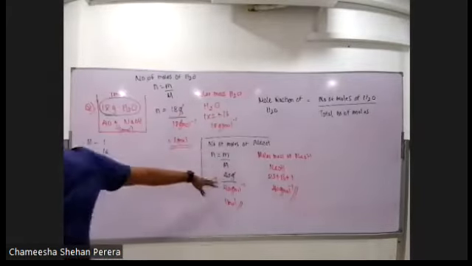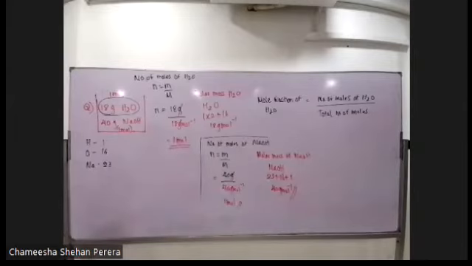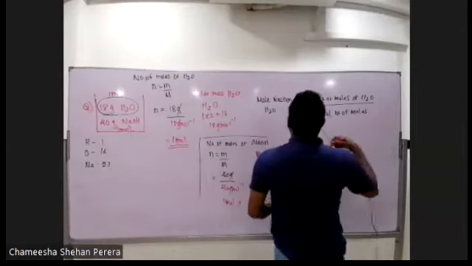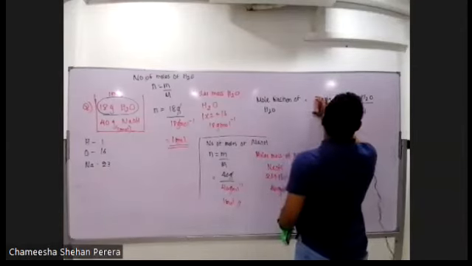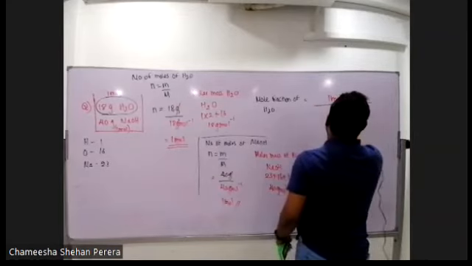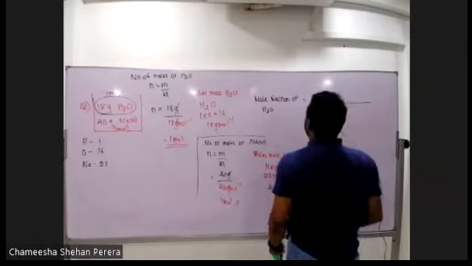I hope you have calculated it. Did you note this down, kids? Yes, sir. Okay. So for the mole fraction of water, how many moles of water were there? There was 1 mole. How many total moles were there? There were 2. Right? So the mole fraction of water is 1/2.